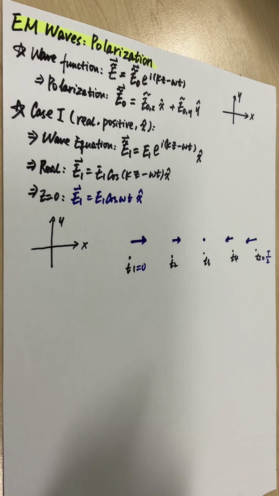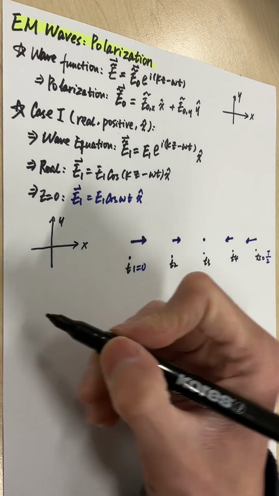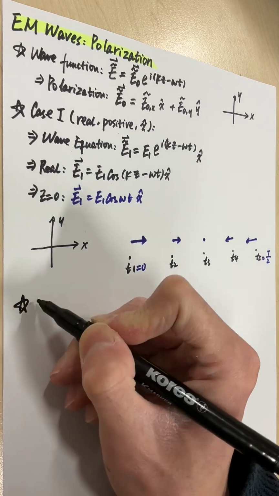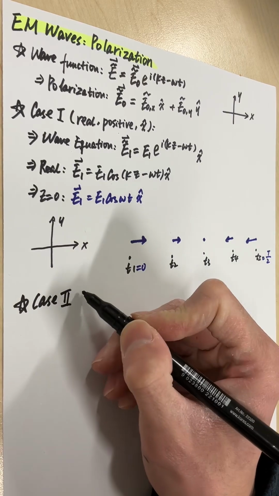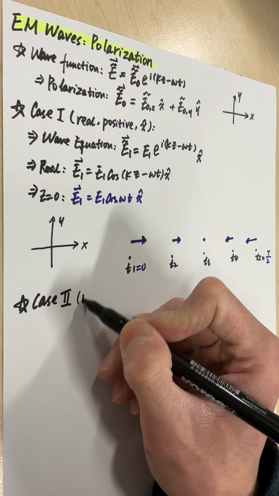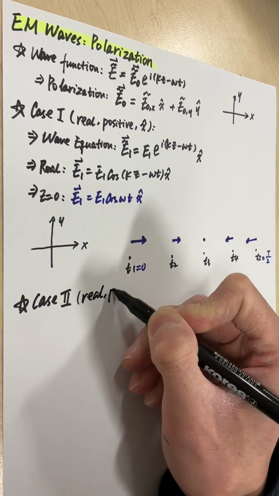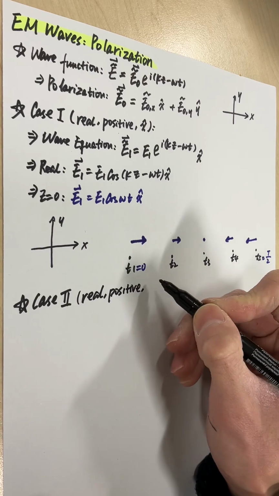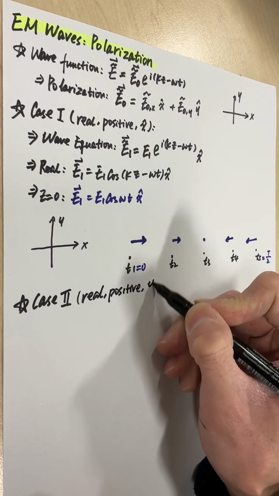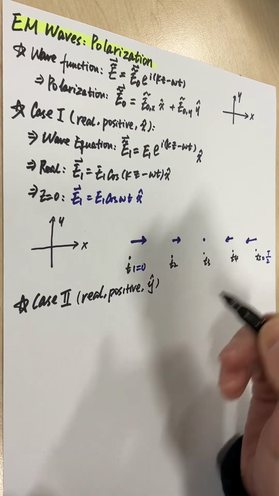So now let's look at another example. Case 2: we still have a real and positive value for the amplitude, but we polarize in the y direction.